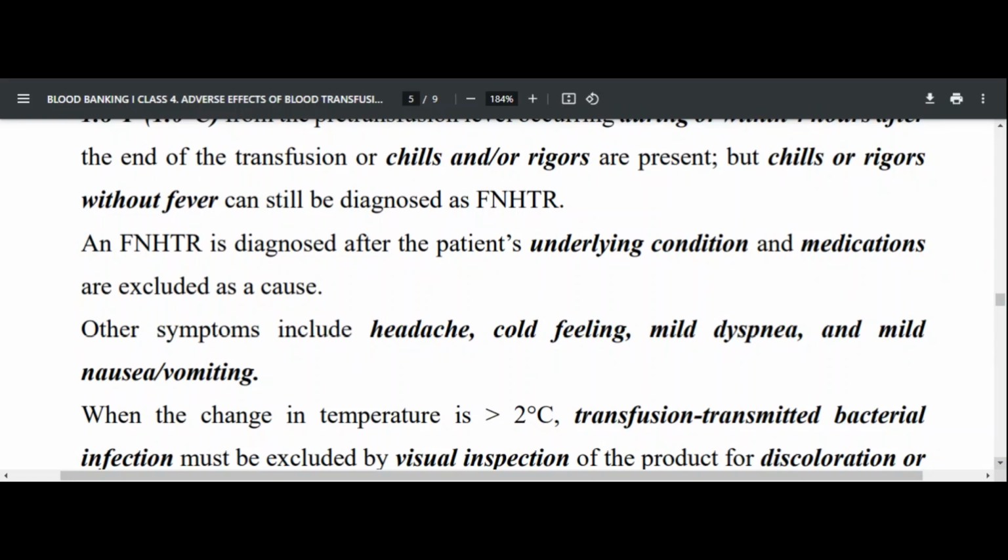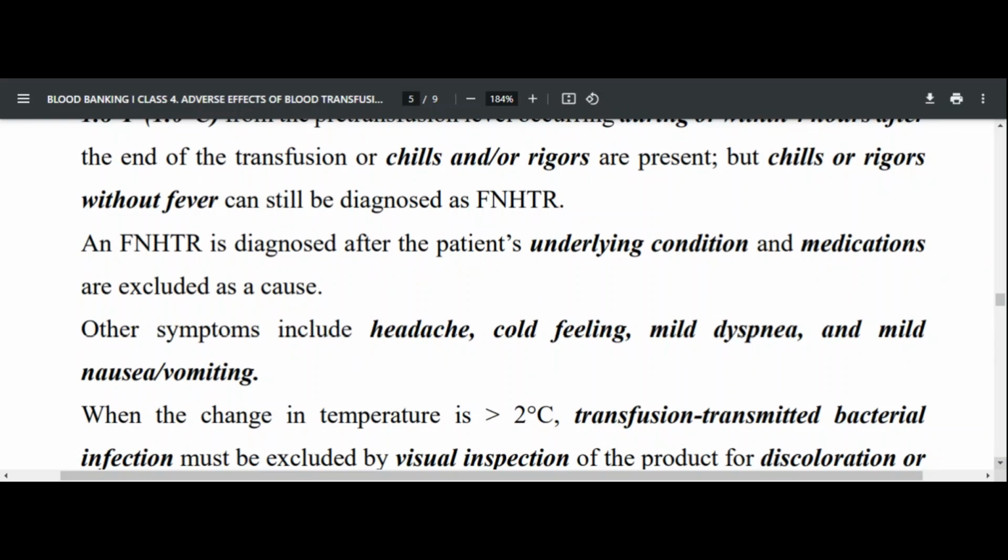Because sometimes a patient can be experiencing, for example, bacteremia or sepsis, and when you are transfusing, you find that the patient is also having fever. That does not mean that it is febrile non-hemolytic. So you have to exclude other possible causes of fever in the patients.